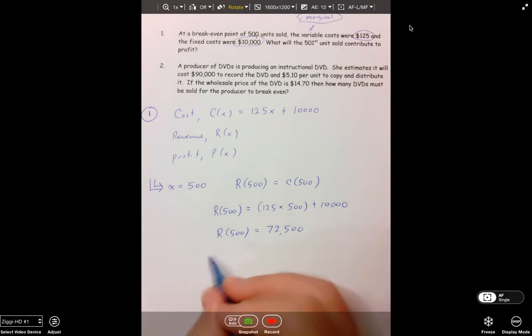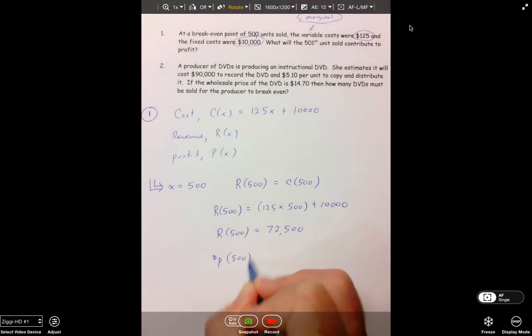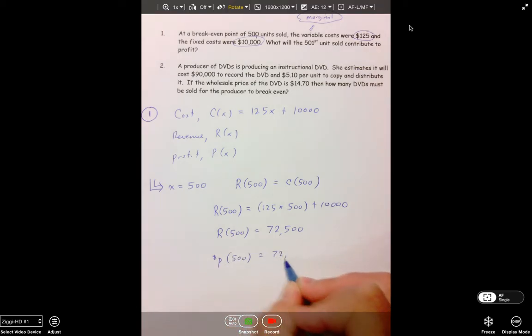And I know my revenue function is the price times the quantity. So 72,500 divided by 500.